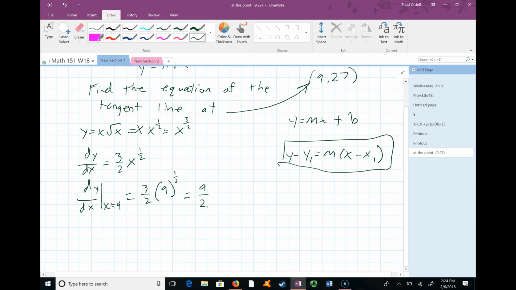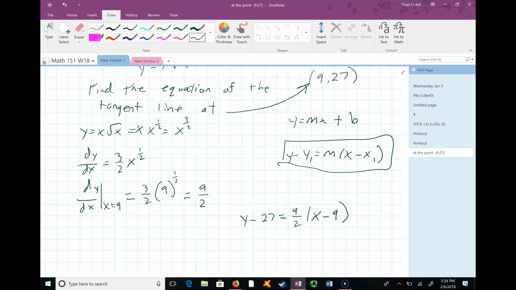So that's the slope at that point. Now to write the equation, I would just go y minus 27, because that's your y coordinate, is equal to 9/2, that's the slope, times x minus the x coordinate, which is 9. And that is the equation of the tangent line at the point (9, 27).